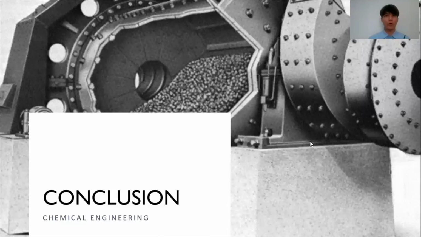Here is the overall summary of the presentation. The important reasons for size reduction are easy handling, increase in surface area per unit volume, and separation of trapped components. The chemical, pharmaceutical, food, ceramic, and mining industries all rely on size reduction. Size reduction technology has considerable importance in the pharmaceutical field.